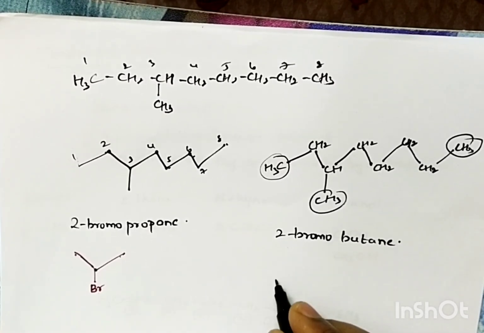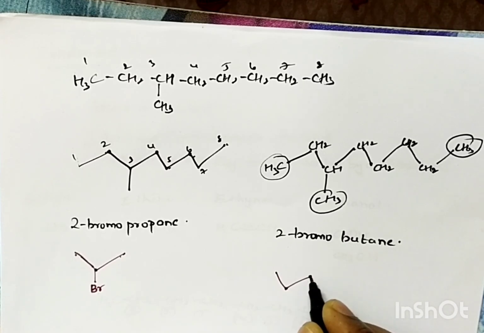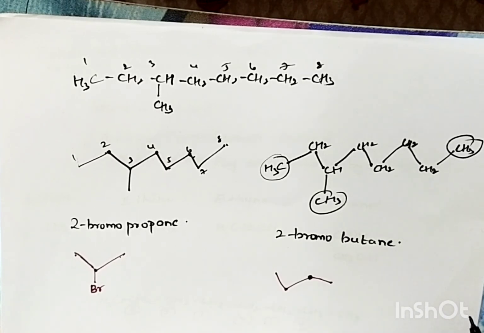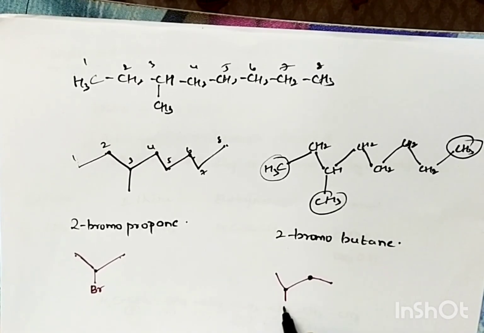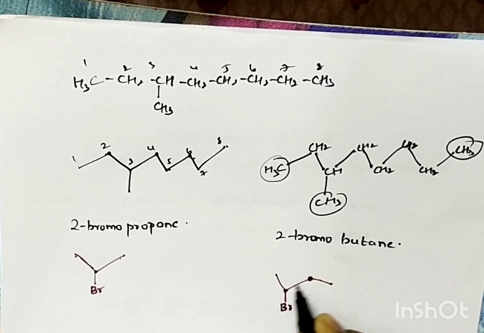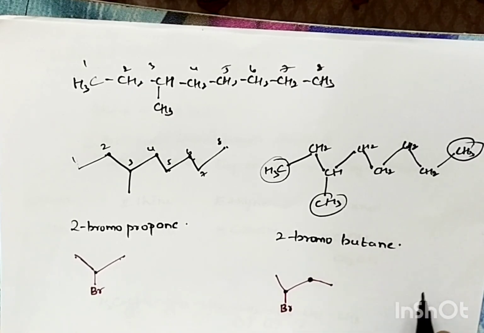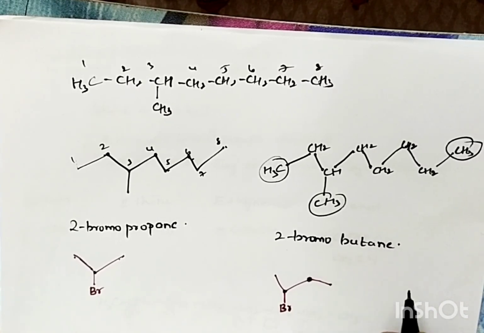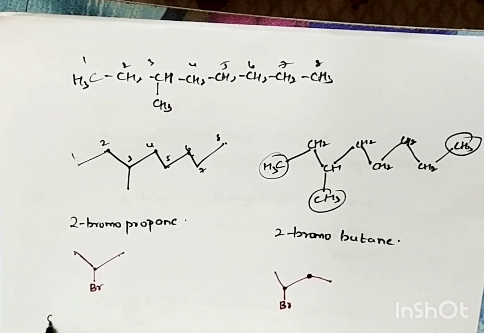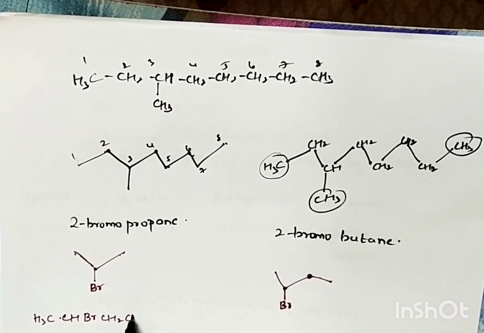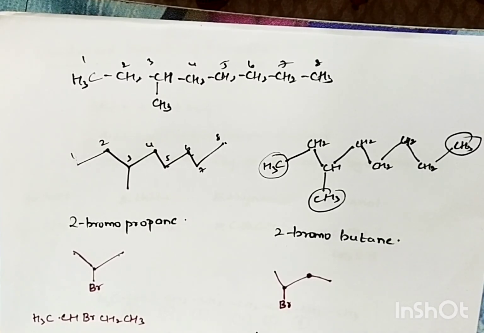But means 4 carbons. So on the second place we have a bromo group. This first is methyl, and we have 2 carbons here. So this is 2-bromobutane. If you want to write this in condensed form, then we can write like this: CH3, CH, Br, CH2, CH3.